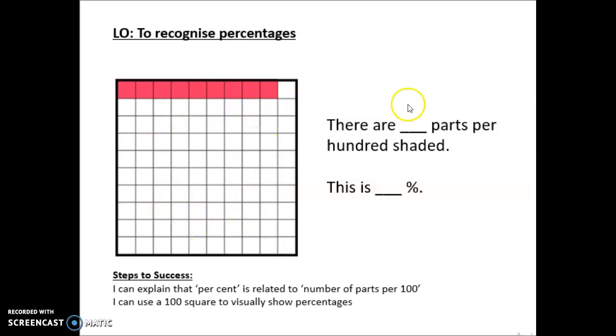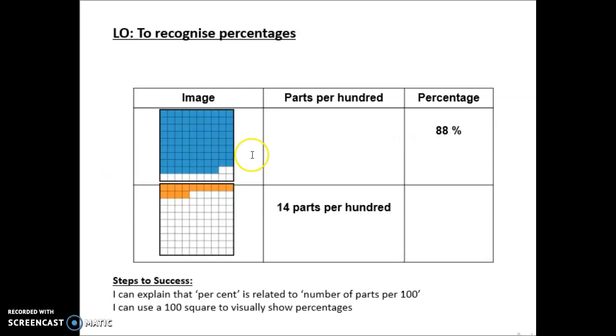There are 9 parts out of 100 shaded, so this is 9%. You could also say it is 9 over 100, or it is 0.09 as a decimal.